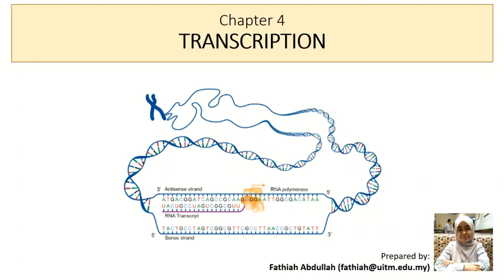Here I paste a chromosome diagram. If you zoom into the chromosome, you can see that it is composed of two strands of DNA: the sense strand and the anti-sense strand.